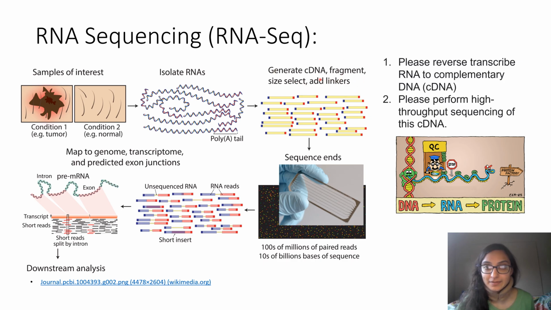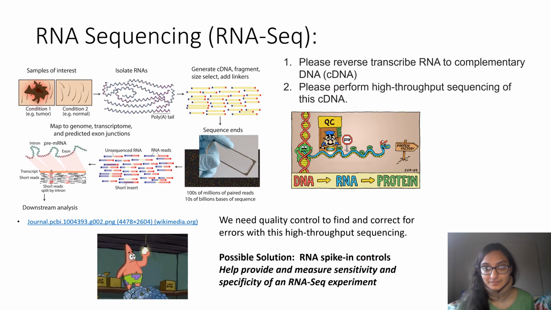You generate the cDNA fragments, size select, add linkers, sequence ends as well. Then you basically perform high throughput sequencing of the cDNA. And then you can do some downstream analysis of that.